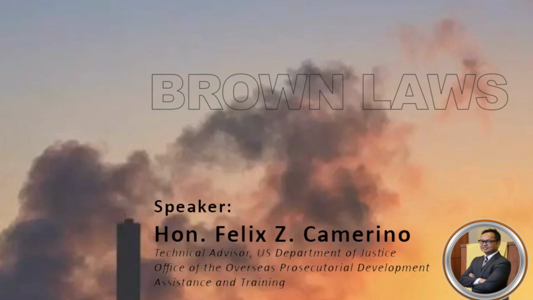Now, as I said, Brown laws focus also on protection of the environment, but it differs significantly from the other laws that we covered in the other modules. Let me explain. Green laws focused on the protection of flora, fauna, as well as wildlife and land ecosystems.